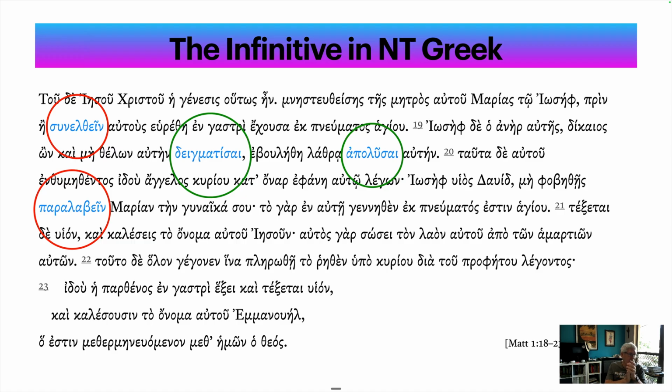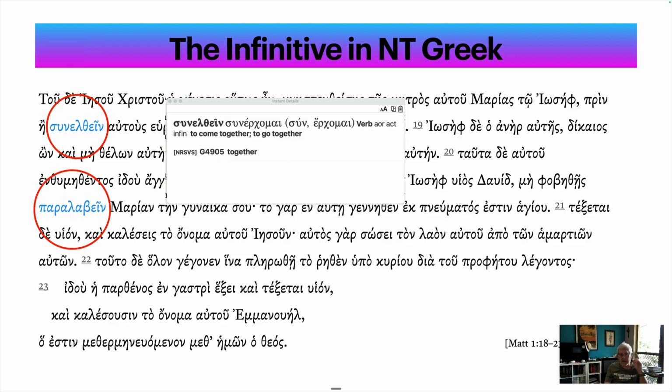And so the natural response is to think that the first 2 ending in ein are present infinitives, while the other 2 are aorist infinitives. But in fact, as it happens, they're all aorist infinitives. So we'll talk a little bit about that in class on Wednesday night.